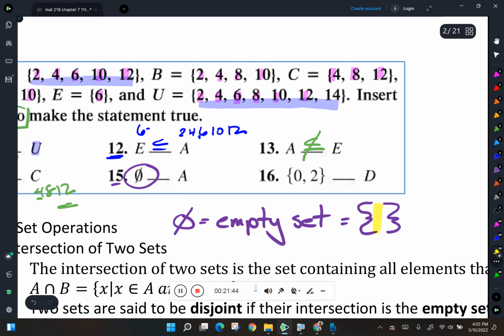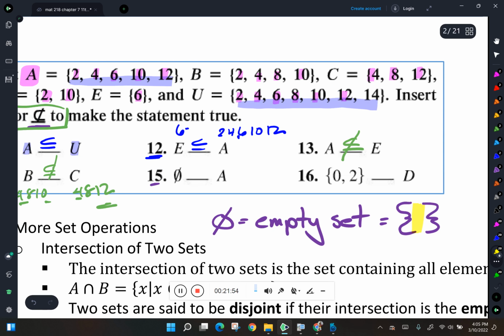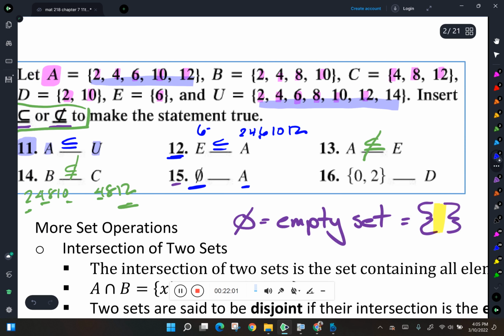And the fact that there is nothing in between those two braces says that this is a set that contains no elements. Okay? All right, so now's the question at hand. Is the empty set a subset of set A or not a subset of set A? Well, here's the answer. It's a subset.